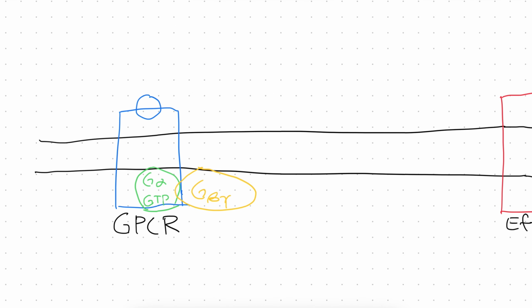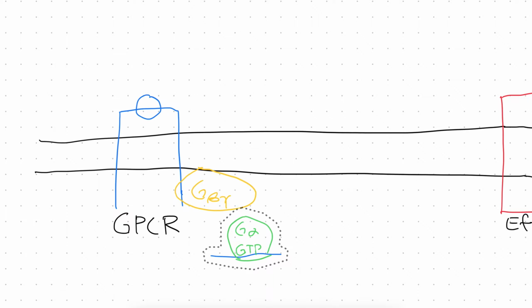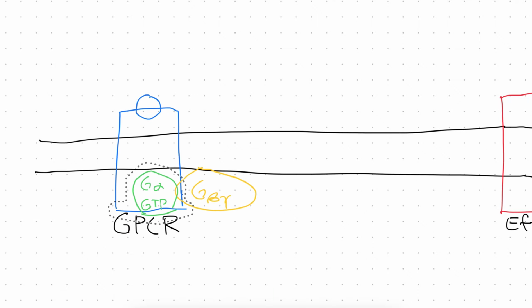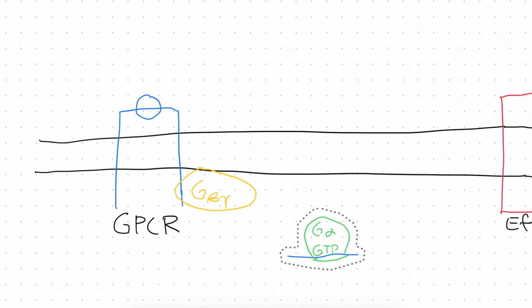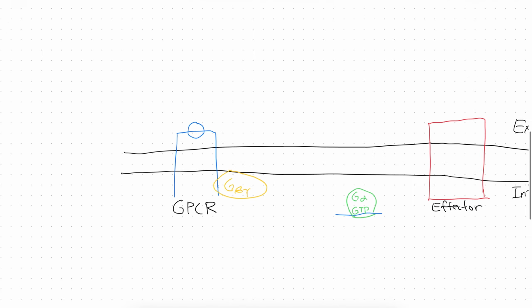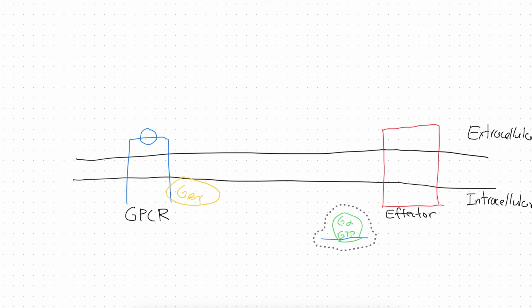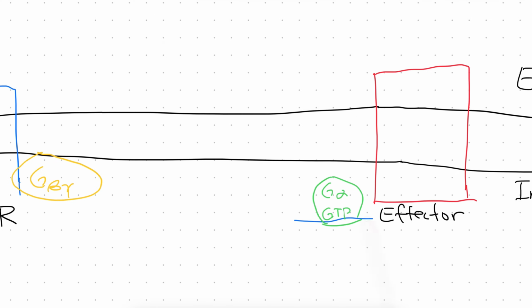But then the G alpha GTP is going to detach. It's going to come over, go to the effector here, and bind to the effector, just like that.